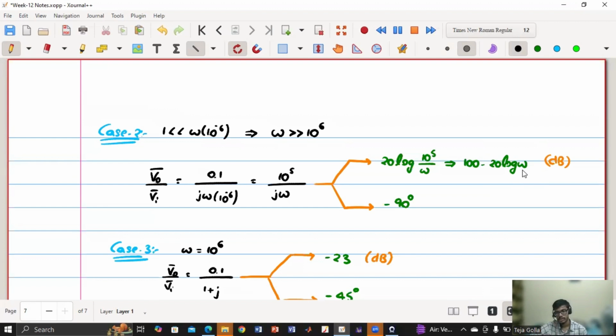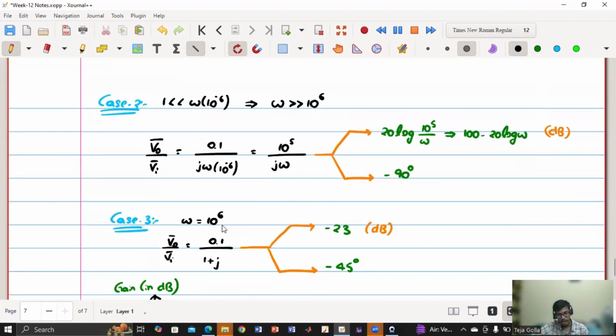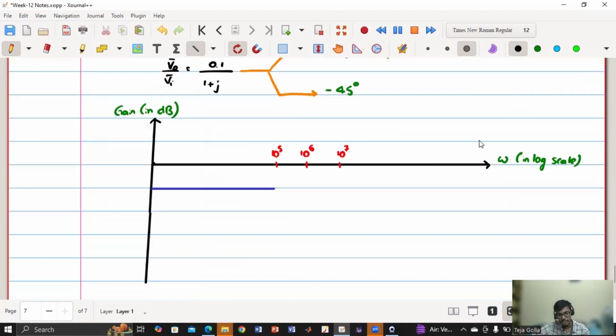Say substitute omega equal to 10 to the power 6. Minus 20. So actually, if we consider the actual value, omega equal to 10 to the power 6, it is minus 23 dB. But this is an approximation and it is saying minus 20 dB.